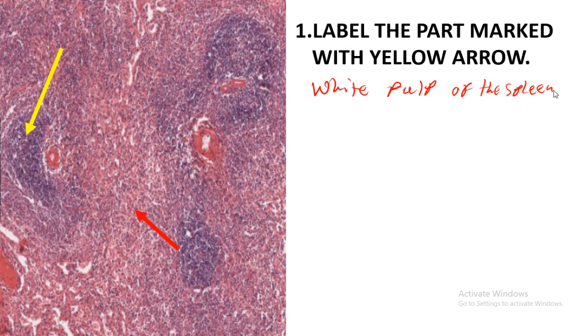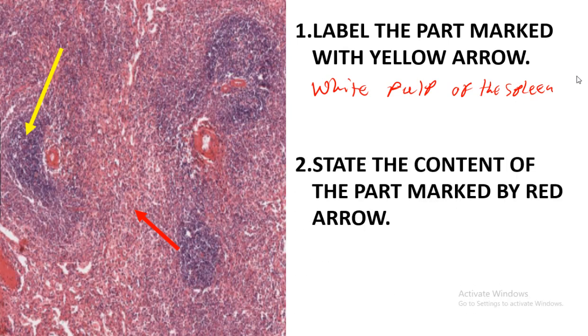If we look at the next question, it is saying state the content of the part marked red with the red arrow. One of the contents of this part are the splenic sinusoids. Then you can also talk about the connective tissue, which is also there, and this connective tissue is known as the cords of Billroth.